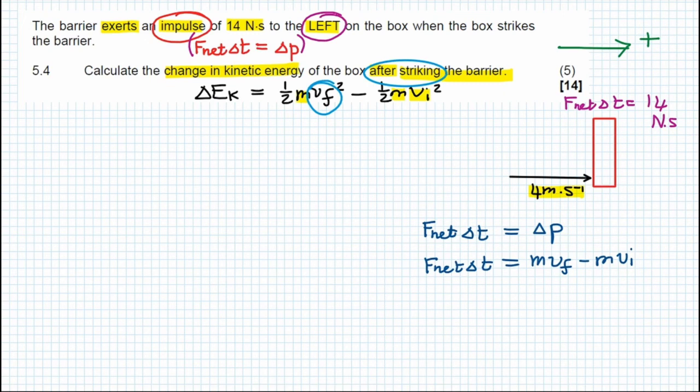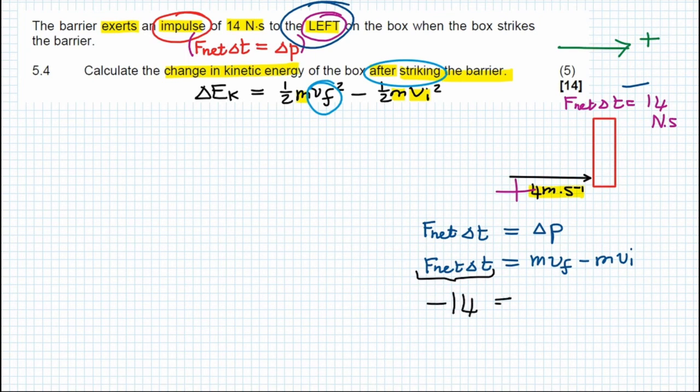If we choose towards the right as positive, then it means that the initial velocity is positive, but the impulse is going to be negative since the impulse is towards the left. So into the section of the formula that is impulse, we're going to substitute negative 14.